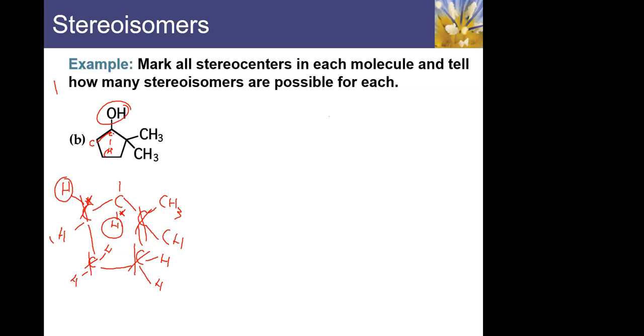But when I move from here, I meet a different group, C with 2 methyl groups. So definitely this is a different group. So this is my stereogenic center. This compound has 1 stereogenic center. How many enantiomers? 2 raised to power 1 is equal to 2. So it can have 1 pair of enantiomers.